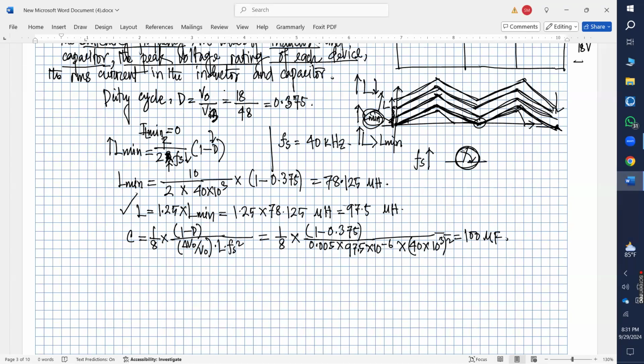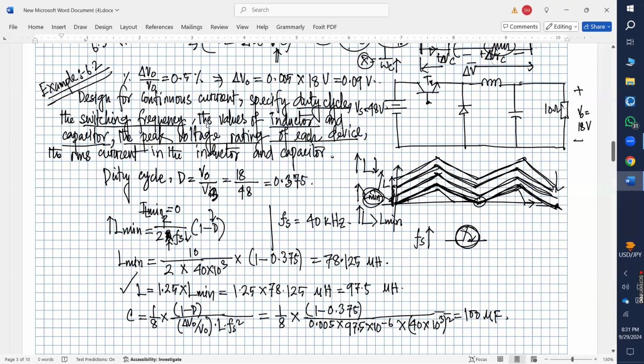So in order to make sure that your circuit has a continuous current, because it says design the circuit for the continuous current, we have to choose an L value greater than your L min value. You got my point, right? But as I said, it should not always be 25% more. In your book, it has chosen this value to be 25% more than the minimum value. You can choose any value, it might be 10%, 20% or 30% more.